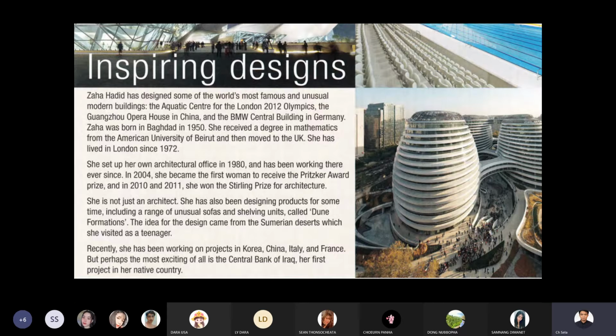The idea for the design came from the sub-Saharan deserts, which she visited as a teenager. Recently, she has been working on projects in Korea, China, Italy, France. But perhaps the most exciting of all is the Central Bank of Iraq, her first project in her native country.